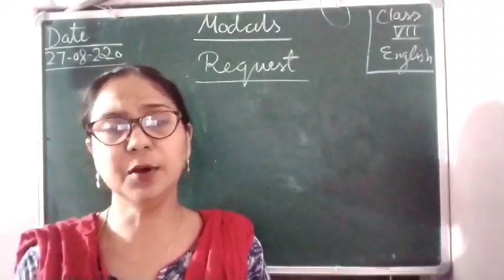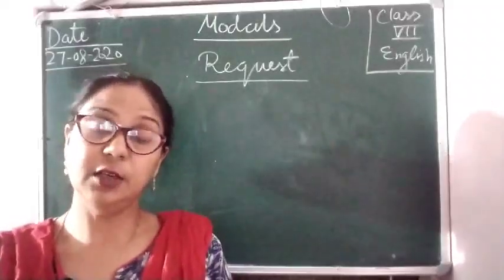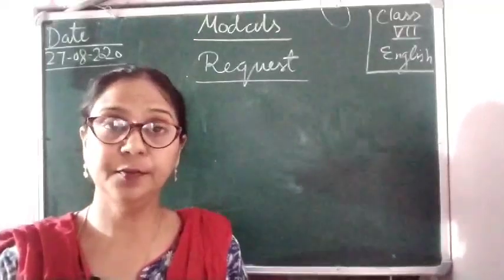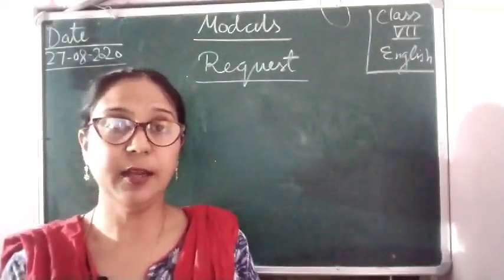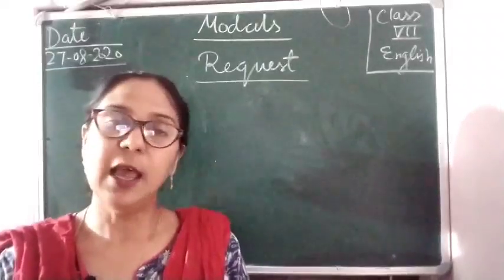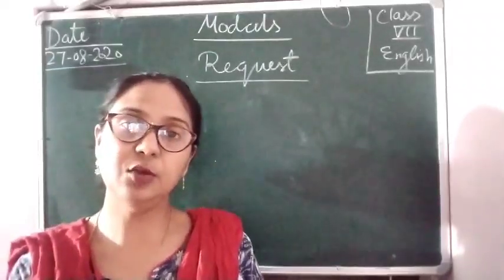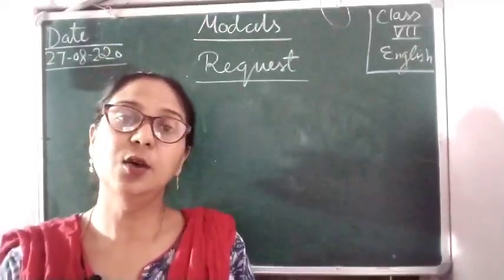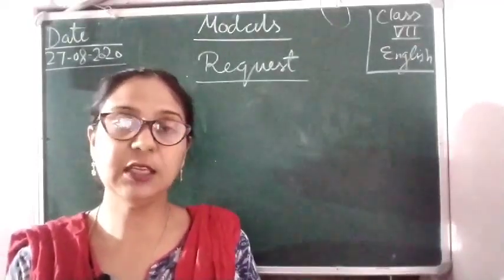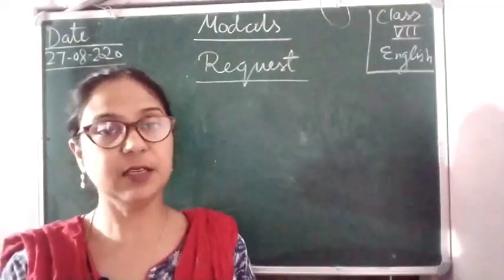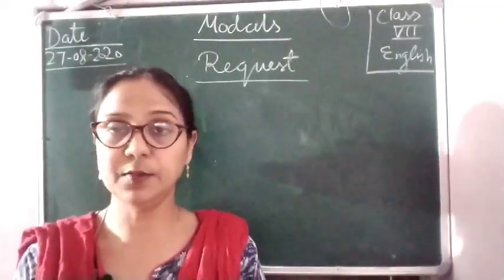Suggestion, permission, and advice can be given with the help of should and ought to. And for prohibition we have discussed must not and ought not to. These are the modals we have discussed earlier in our videos.